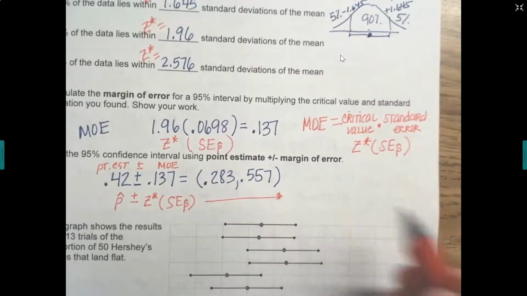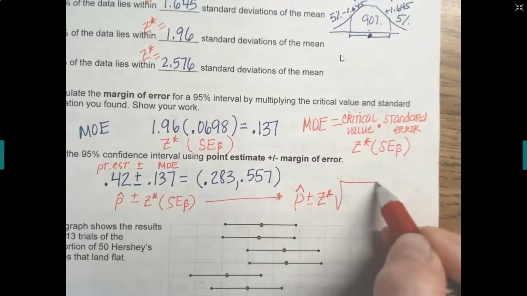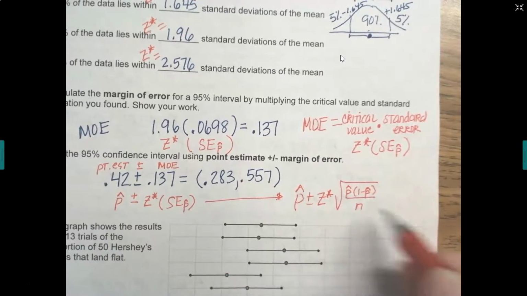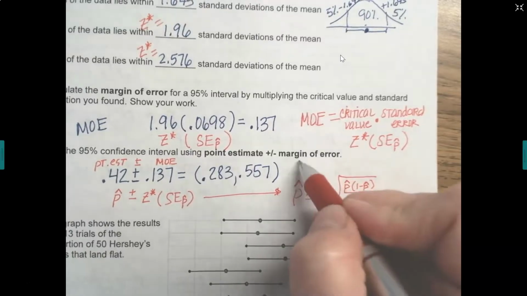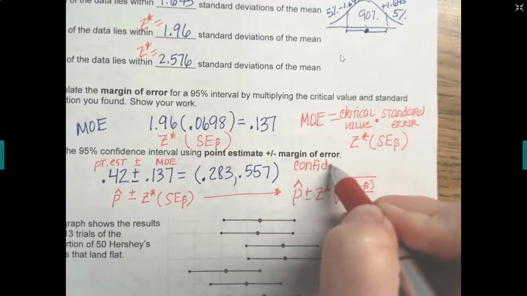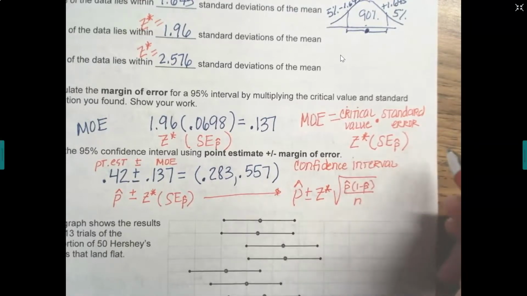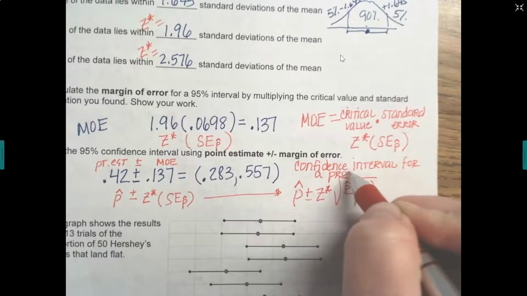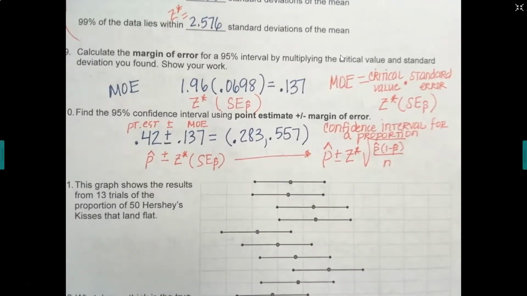And so the full thing: p hat plus or minus Z star times the square root of p hat times 1 minus p hat divided by n. So this is the formula for a confidence interval for a proportion. And of course, means are different because how you get the standard deviation for means is a completely different formula. So we'll be talking about that later.